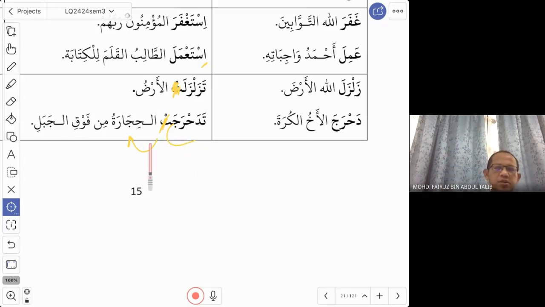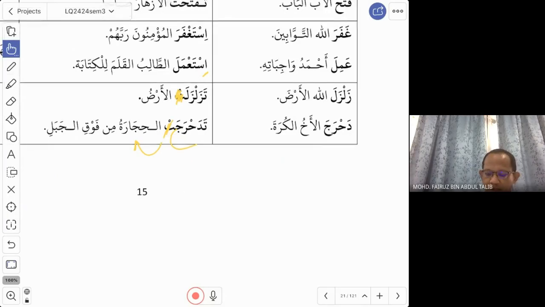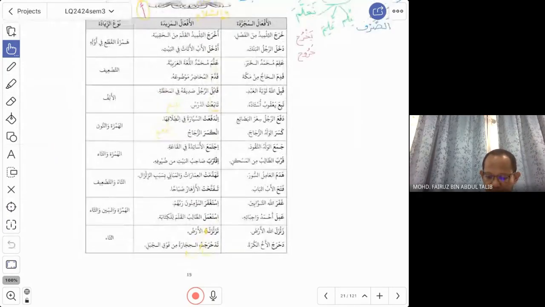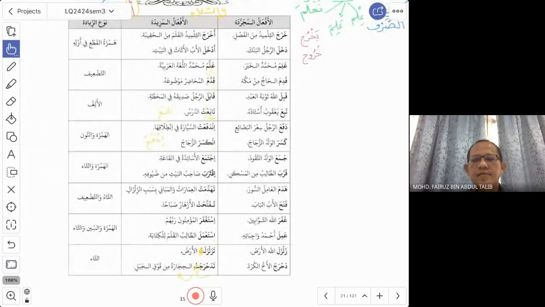So the rock rolled down from the top of the hill. In the word tadahraja, we see an additional letter, which is ta. So this is fi'lun mazid. Any questions so far? Mazid, mujarrad.